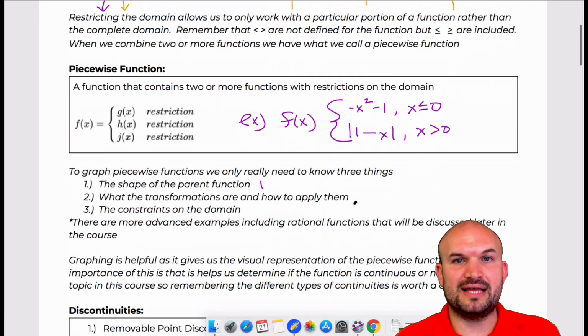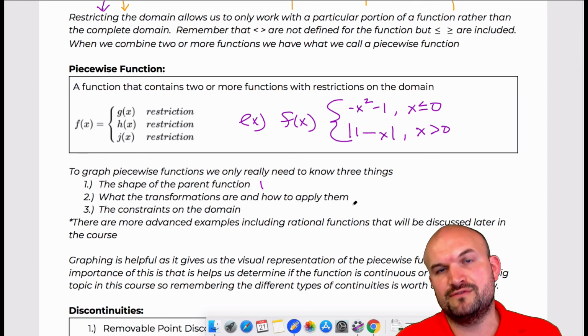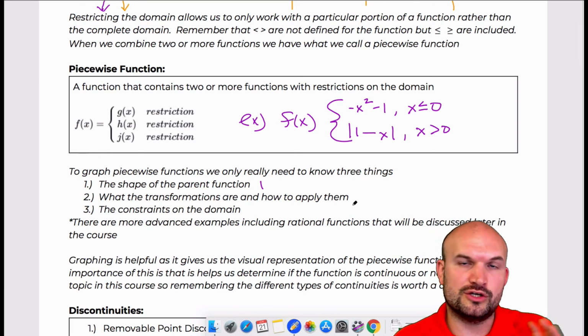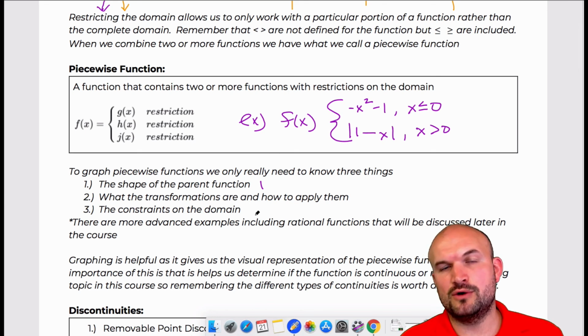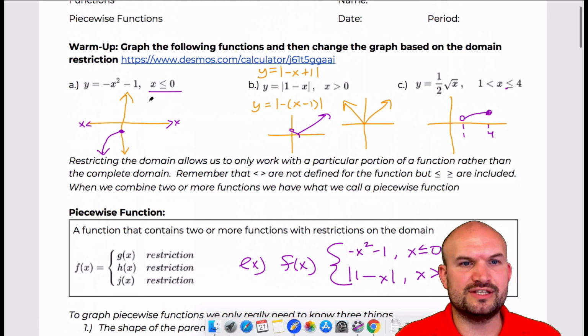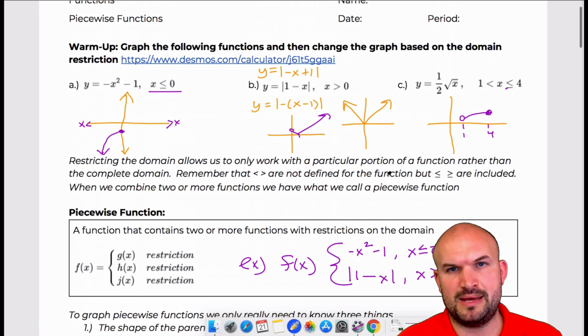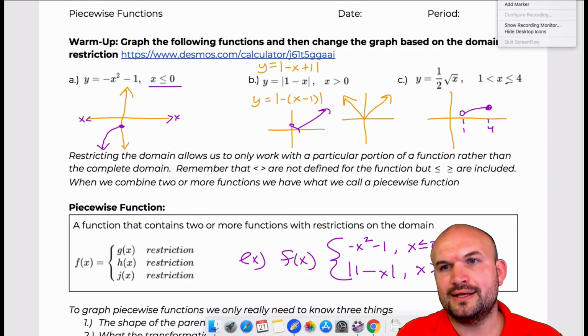So if you're not very strong with this at the moment, make sure you have that by you so you can follow along and go through each of those transformations. And then the constraints on the domain. We covered the domain and range of the functions last lesson. And then just understanding the inequalities and how these restrictions are going to affect your domain, which we're going to be doing a lot of little practice on. So now it's time to go ahead and get started with that.